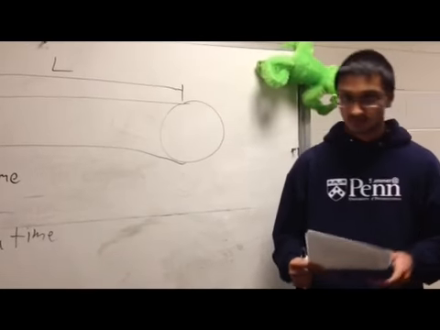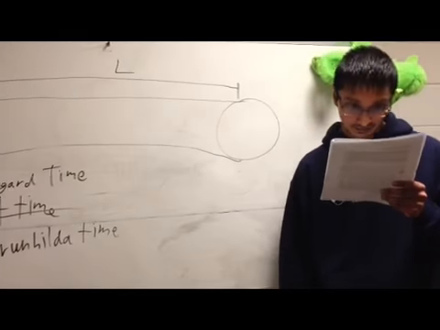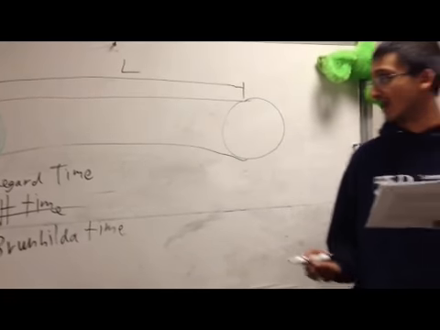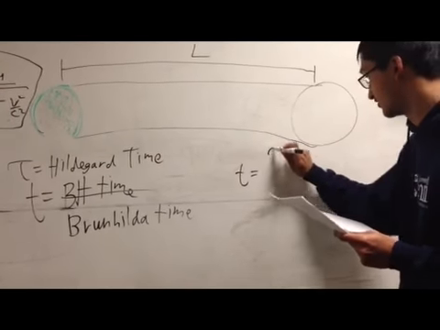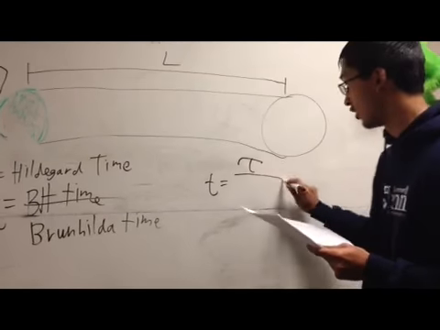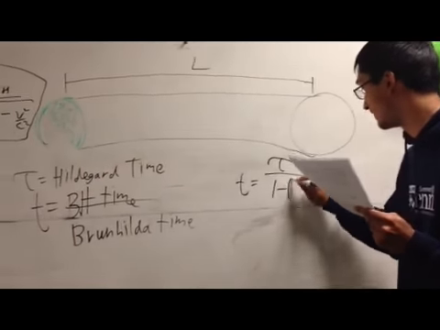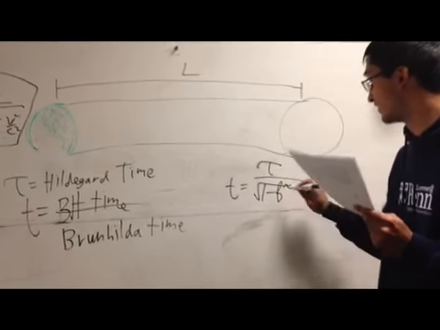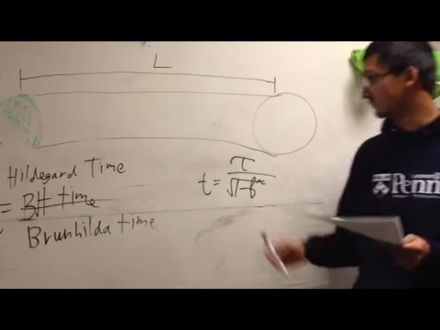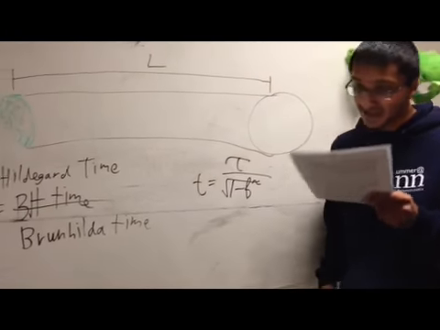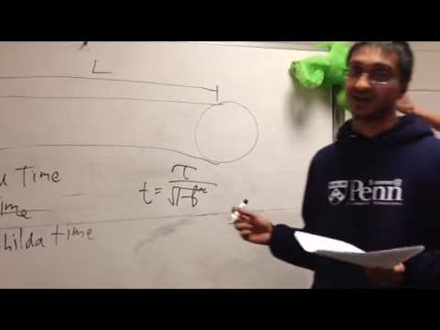Okay. So basically, for part 2, question 1, we know from the previous problem that Brunhilde's time is Hildegard's time, which in this case is tau, over the relativity factor, the square root of 1 minus beta squared, because beta is the fraction of the speed of light that Hildegard's traveling at. Using that formula, we can take the derivative very easily.